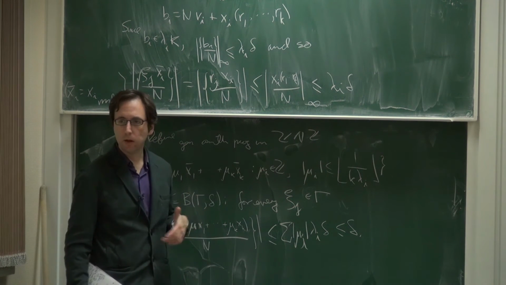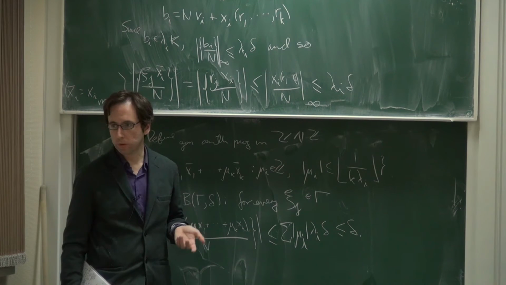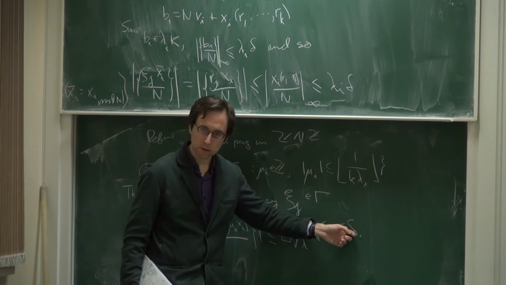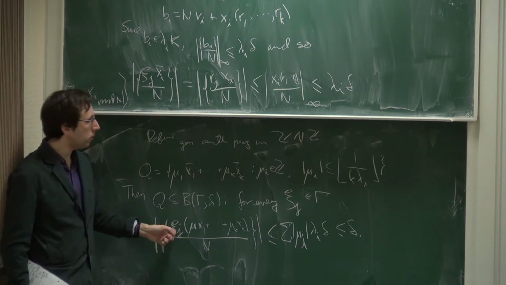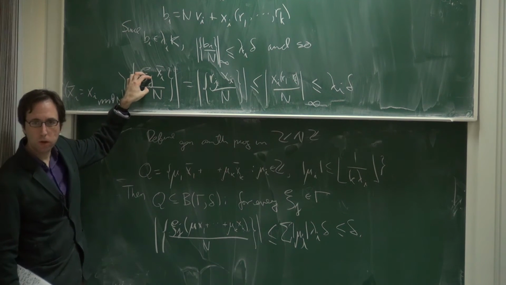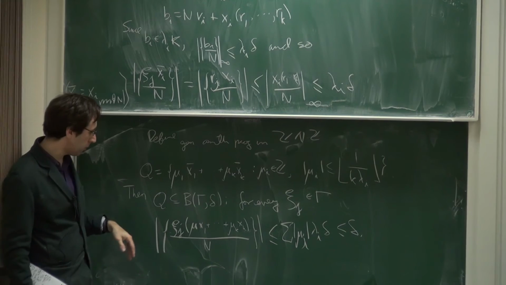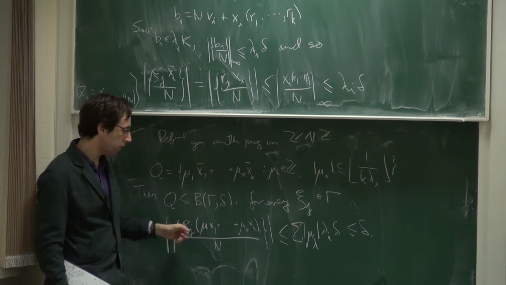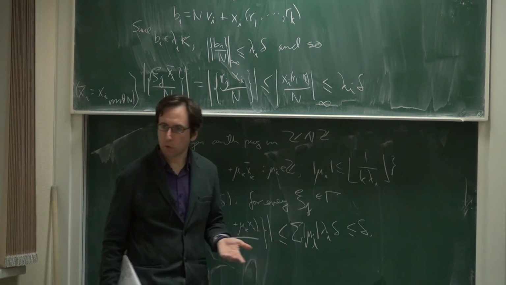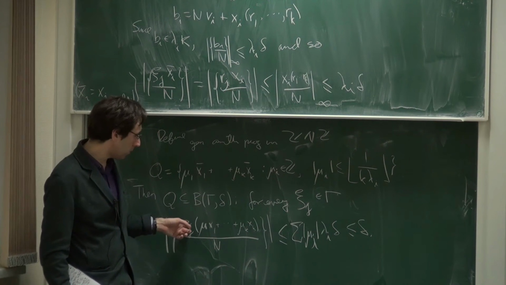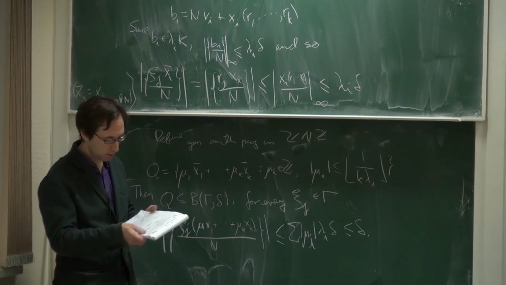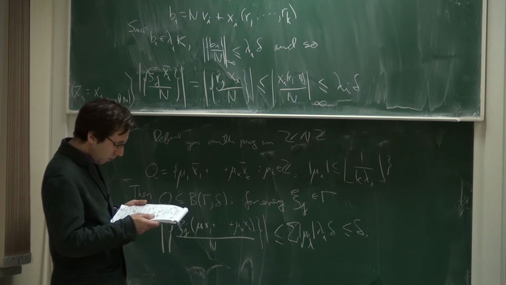You get 1 over k, a sum of k terms, 1 over k each, so you just get delta. Because each of these is small, anything in the generalized arithmetic progression gives you something less than delta. That's what it means to be in the Bohr set, because it is true for every j. Very well.